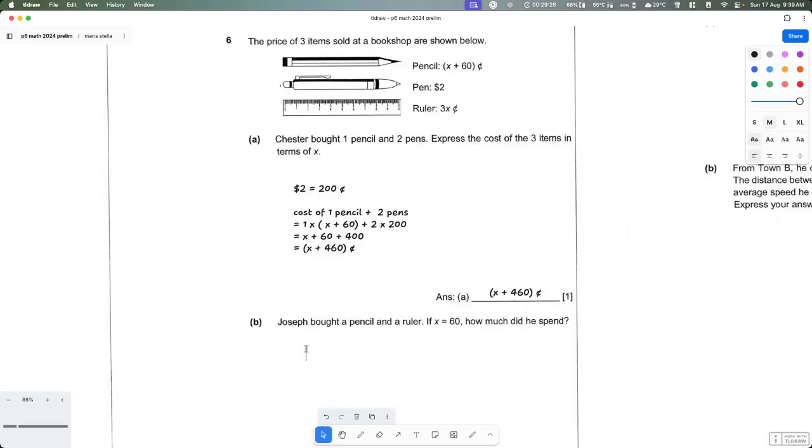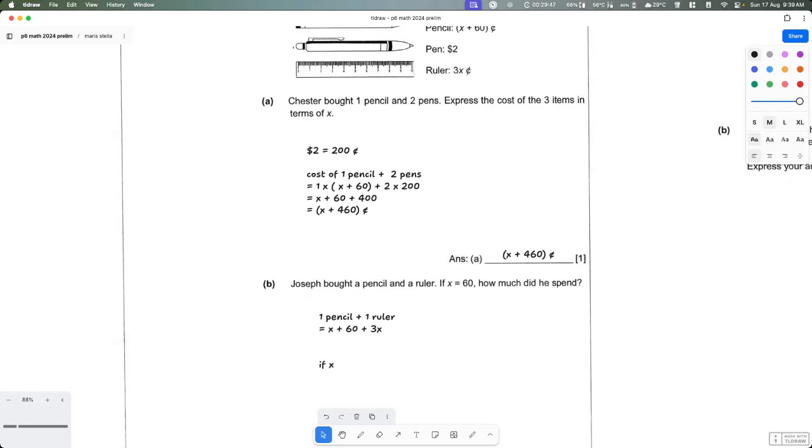So 1 pencil plus 1 ruler is equal to X plus 60 plus 3X. If X is equal to 60, then we will just swap it in.